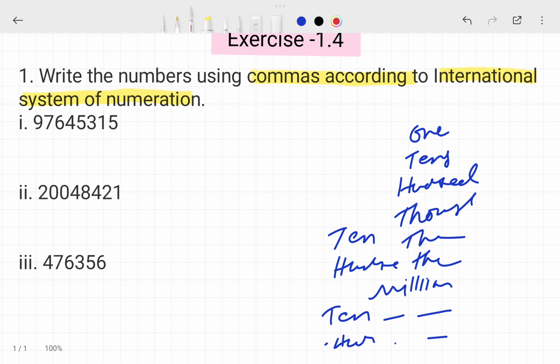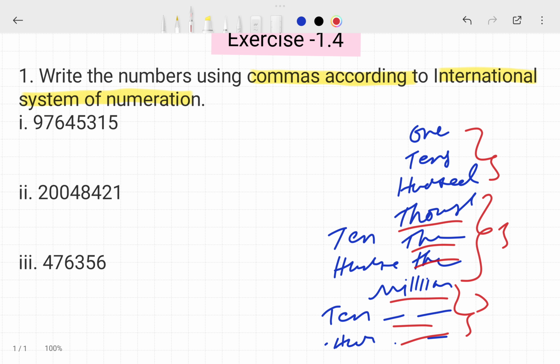So here in the international number system, after every 3 digits it repeats: thousand, thousand, thousand, and million, million, million. So the international number system goes 3, 3, 3.